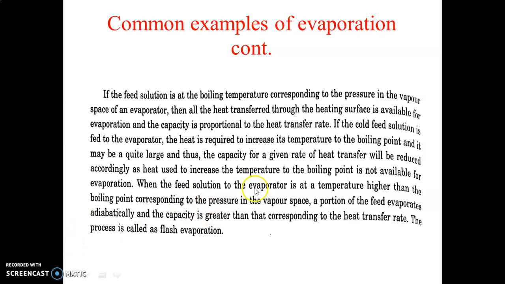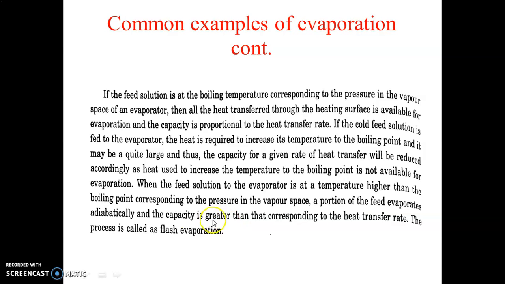When the feed solution of the evaporator is at a temperature higher than the boiling point of that weak solution, a portion of the feed evaporates adiabatically. That means heat is directly added and the capacity is greater than that corresponding to the heat transfer rate.